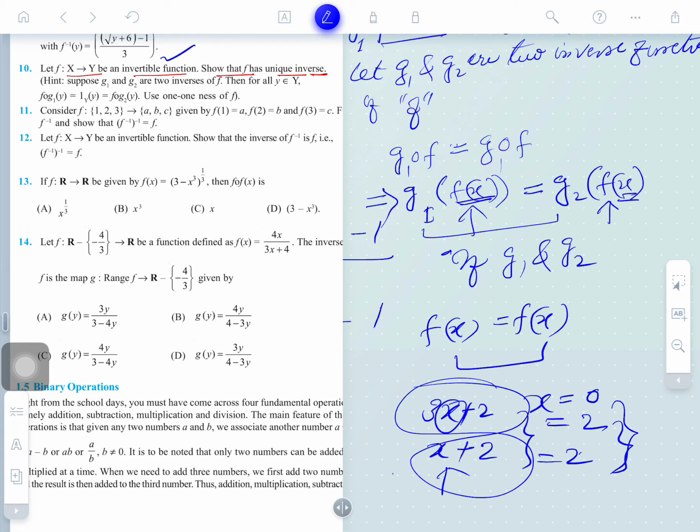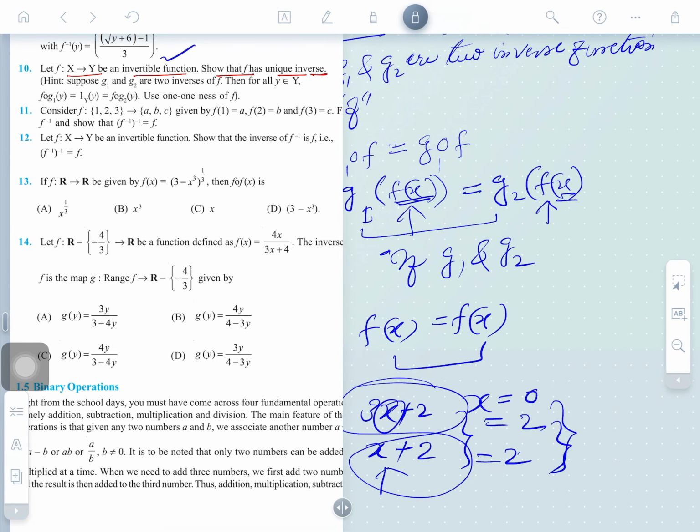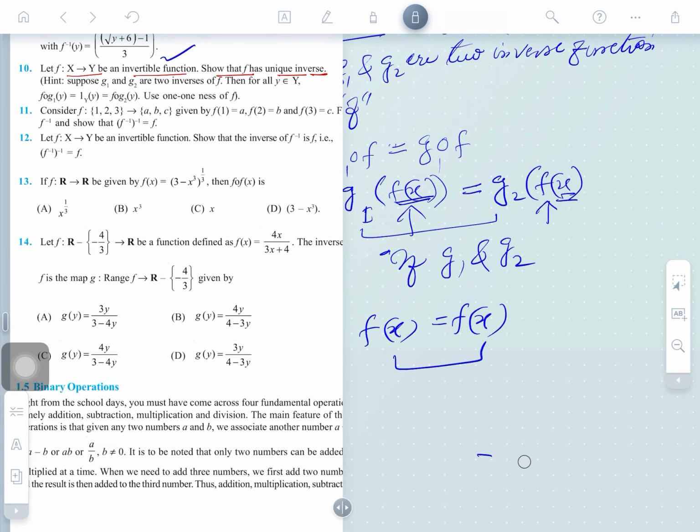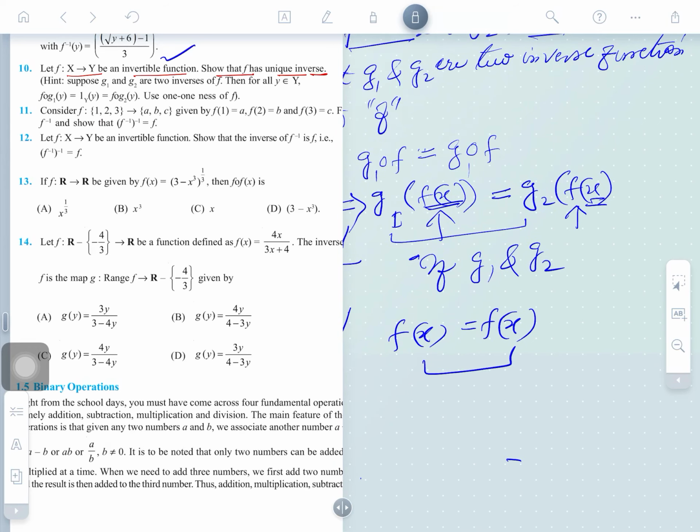So it's not necessary that if the values are equal, then the functions are equal, right? So the conclusion is what? If the two functions are equal for the same domain, it means the functions are equal. It is not possible that G1 and G2 are unequal, right? Now uniqueness of that.